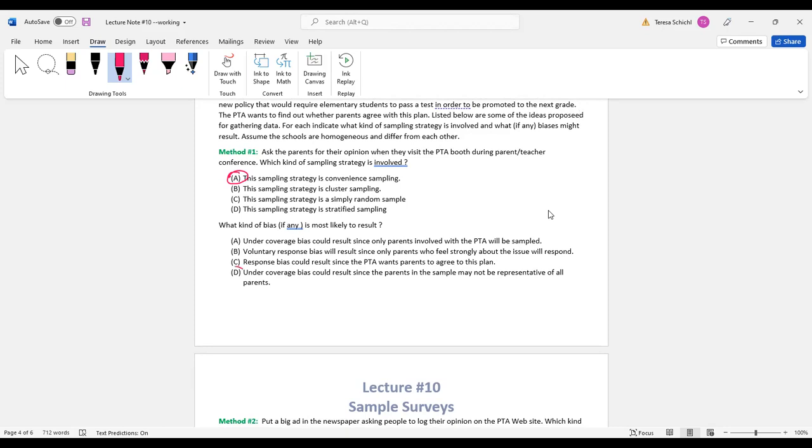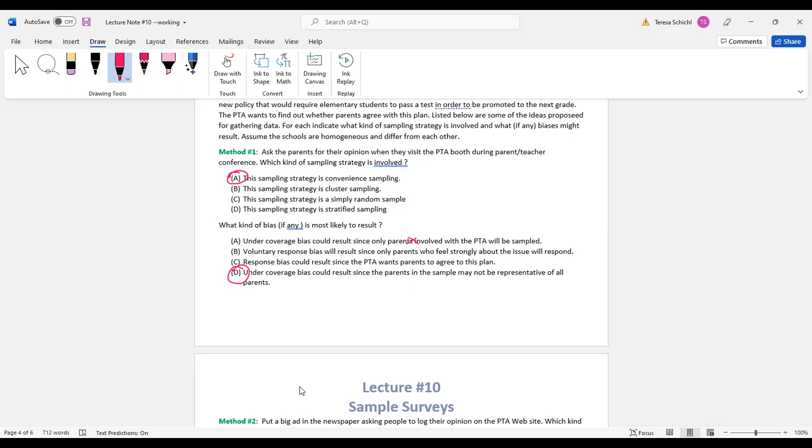Undercoverage bias could result since the parents in the sample may not be representative of all the parents. Now, why is part A not true? It says undercoverage bias could result because only parents involved with the PTA will be sampled. This is not true. Parents stopping at the PTA booth doesn't mean the parents are involved.